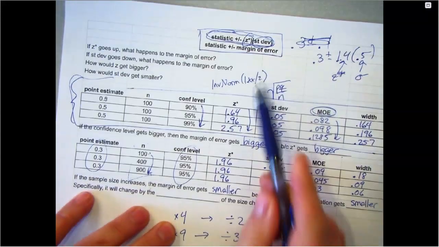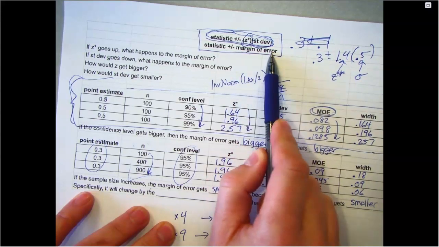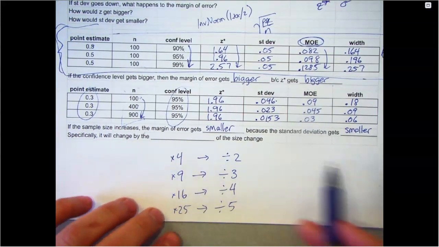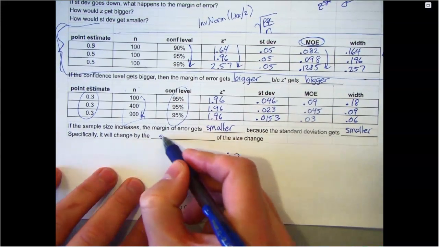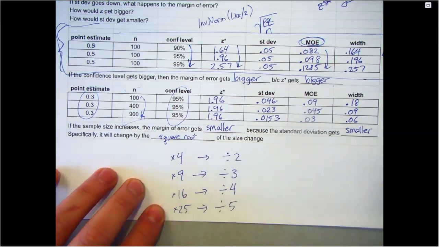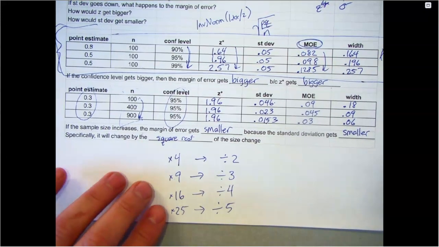And again, remember, if the standard deviation gets smaller, then you're multiplying it by z star, so since the standard deviation is smaller, this margin of error is going to be smaller also. And then specifically, it will change by the square root of the size change. And you can tell that with the margin of error.